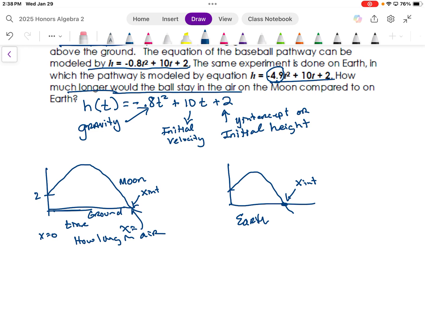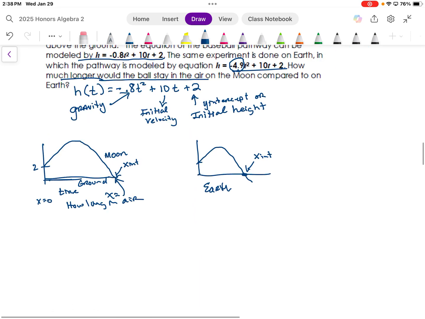Now that we know we're finding x-intercepts, I'm doing the quadratic formula or factoring. Those are my choices because I have a 10t. We can also graph, but the big idea would be doing this one with the quadratic formula.